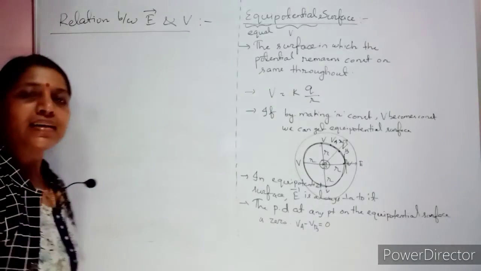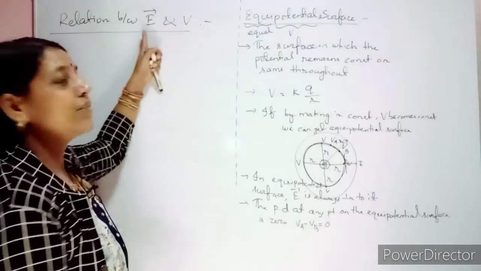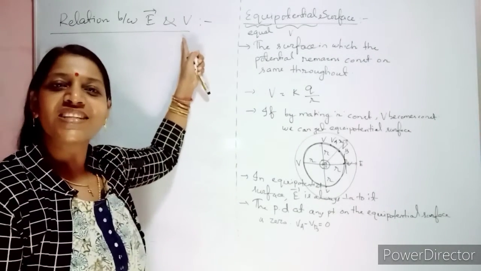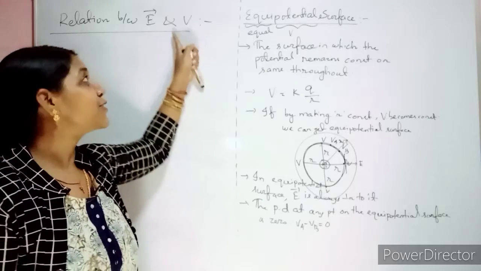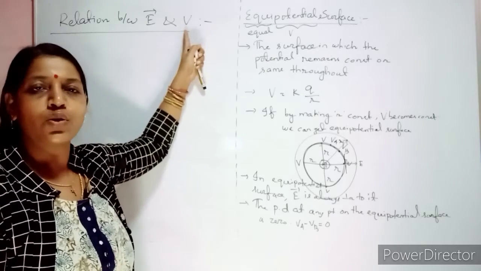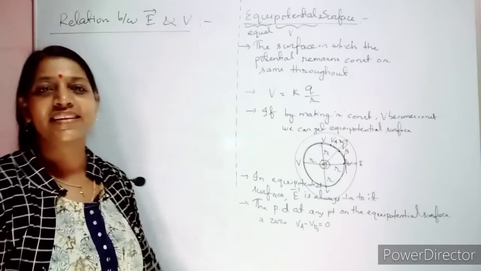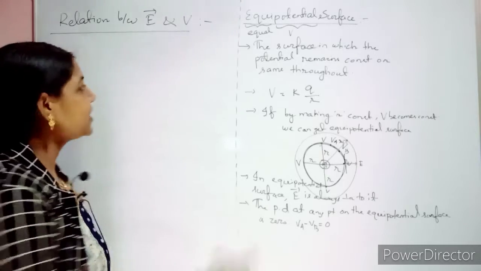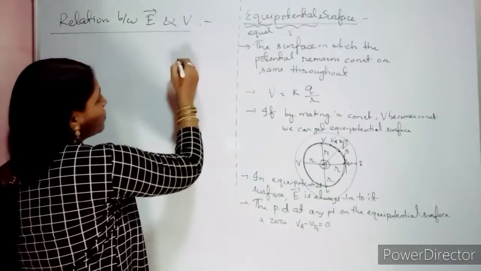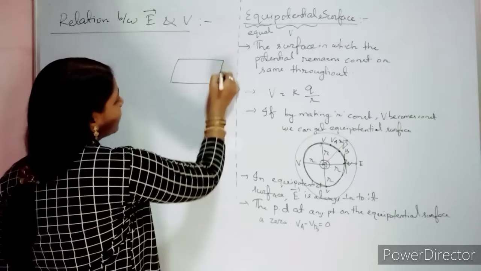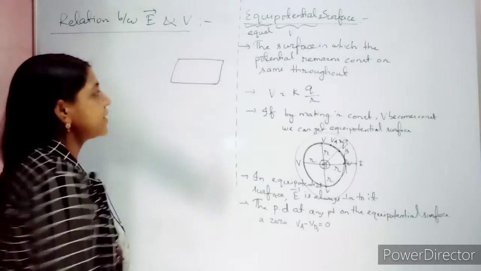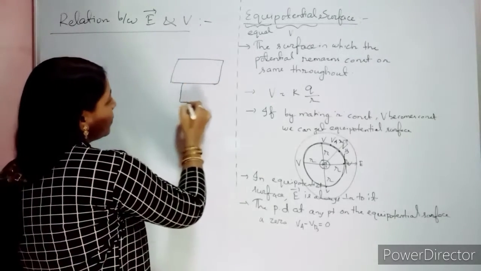See, electric field is a vector. That's why I have given an arrow mark. Electric potential is a scalar, so I have just written V, the notation. What is the relationship between electric field and potential? Now let us see it in terms of a diagram so that you will get good clarity. Suppose this is one plate. I am taking another plate.